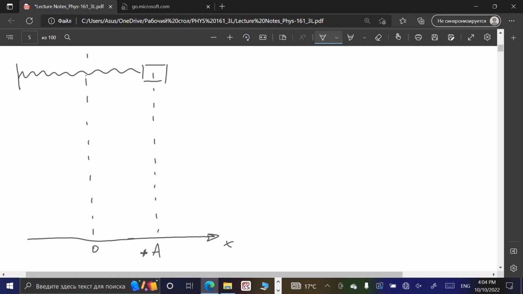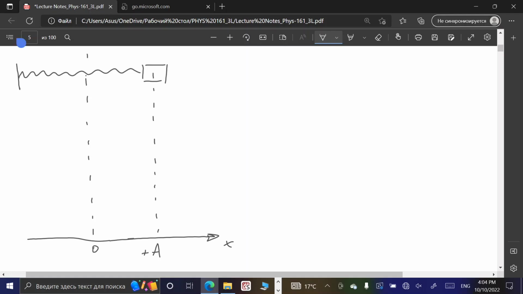So let us introduce here a spring-block system in some excited state. Here we have our axis x. This will correspond to the equilibrium position, x equals 0. Then assume that we push this system to some excited state with displacement A. We can explicitly show that it's positive.